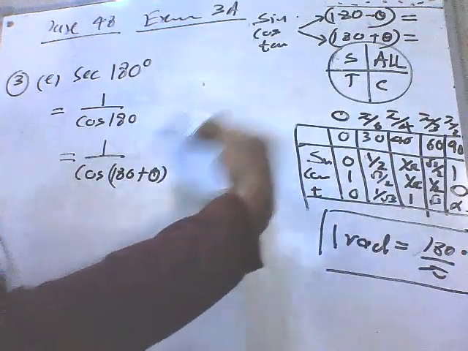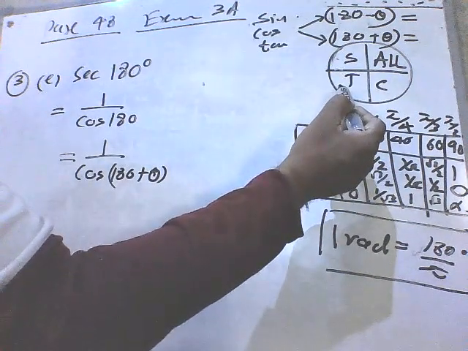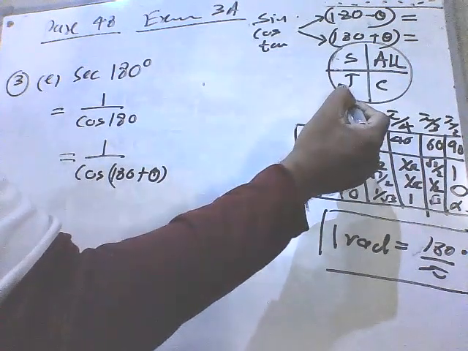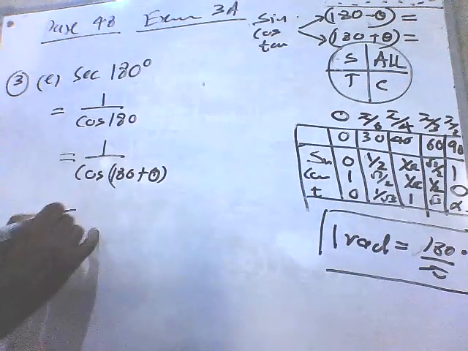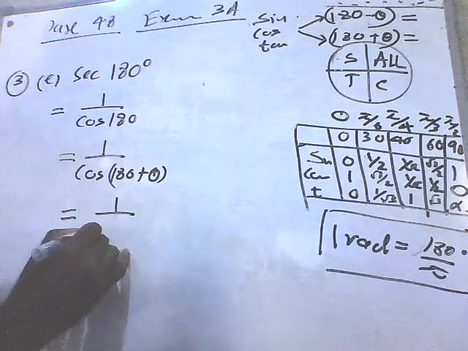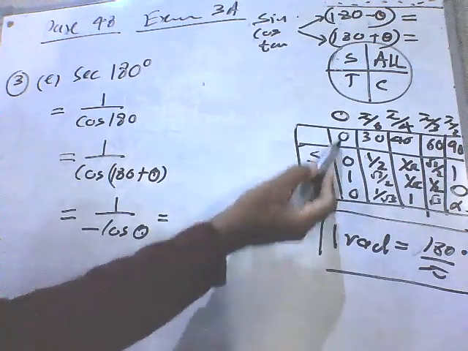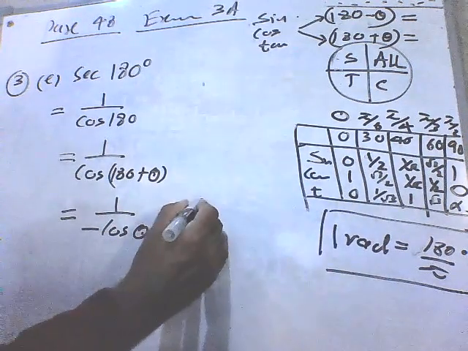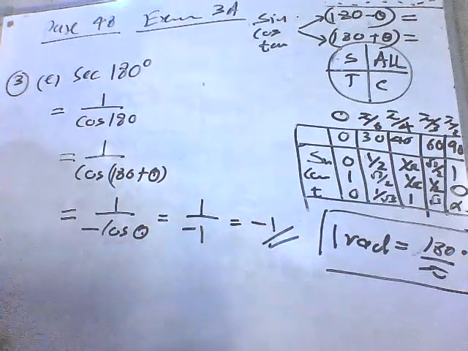Whether it comes to this or this, cos values are negative here. So we get negative cos 0, and cos 0 from this table we know is 1. Then we get 1 over minus 1, which is equal to minus 1.